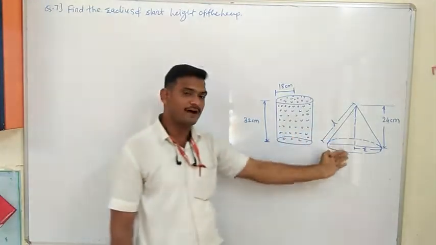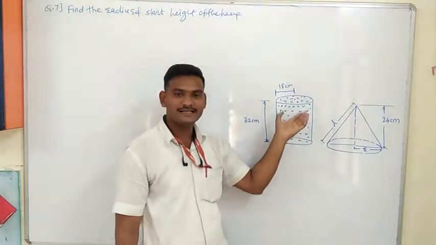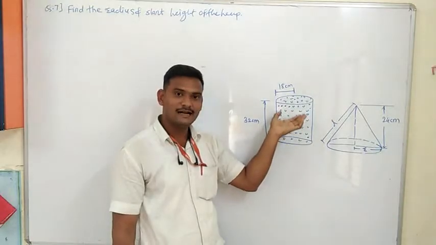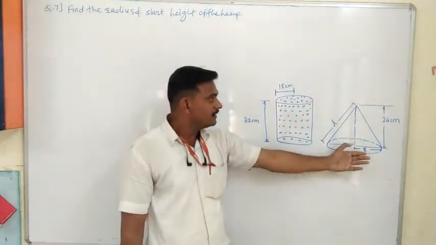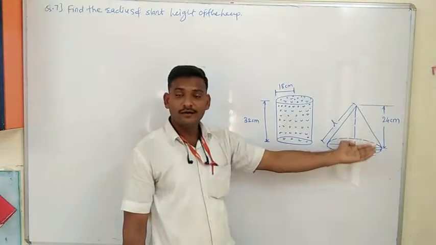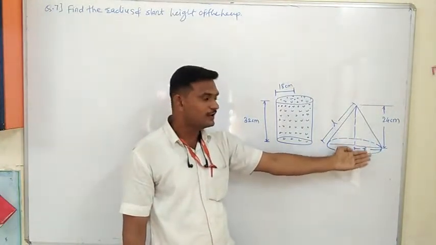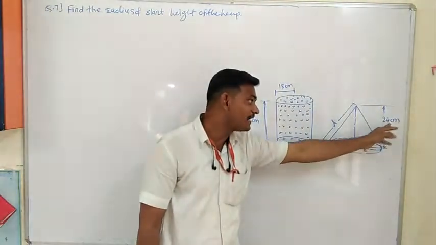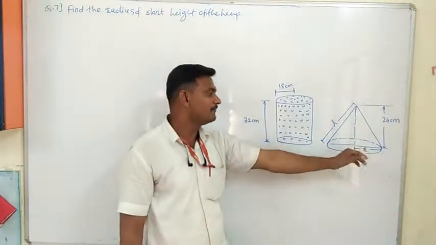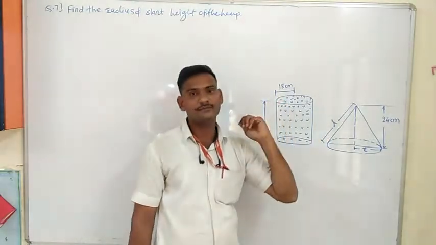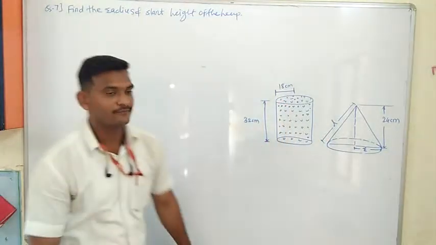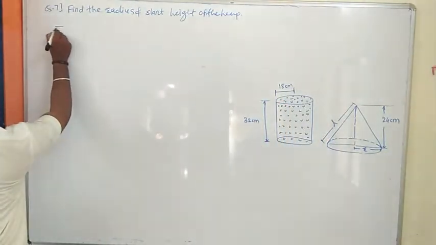Whatever heap is formed after pouring the sand from the cylindrical bucket onto the ground, with a height of 24 centimeter, we have to find the radius and the slant height of that conical heap. Let us see how to calculate.